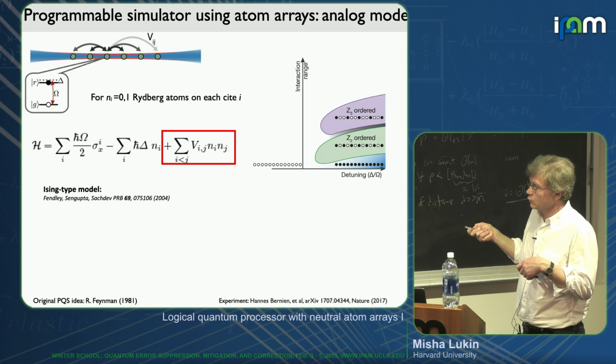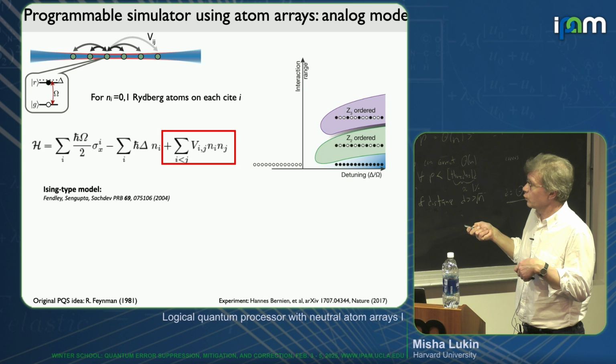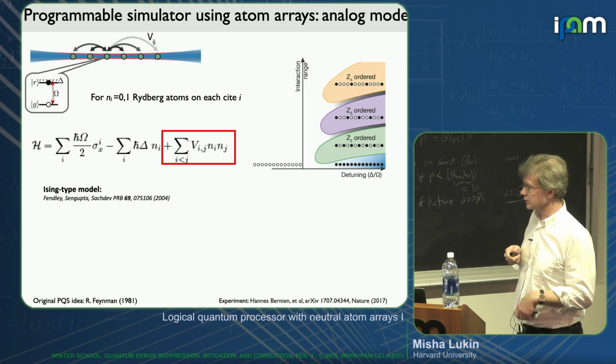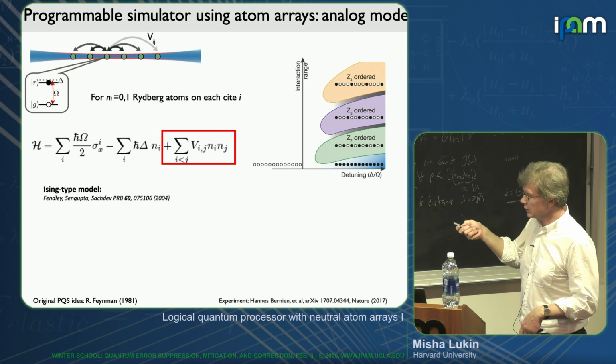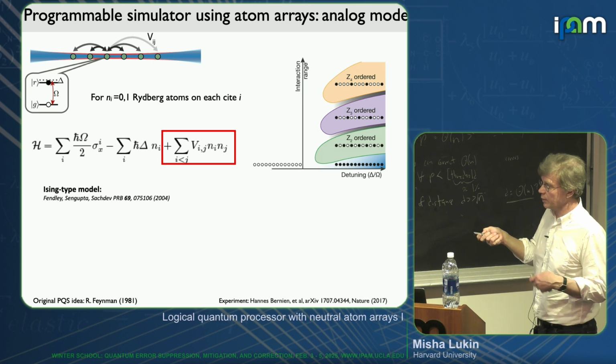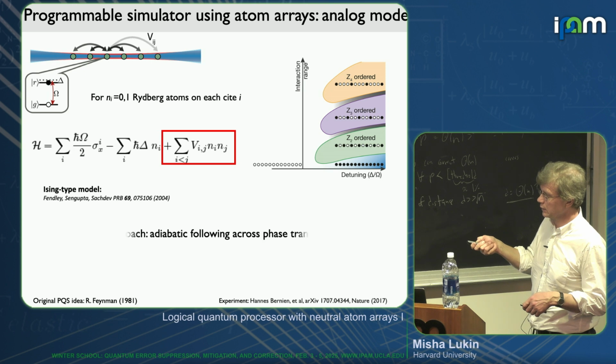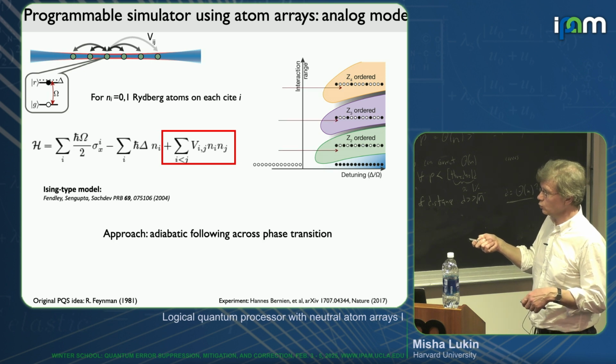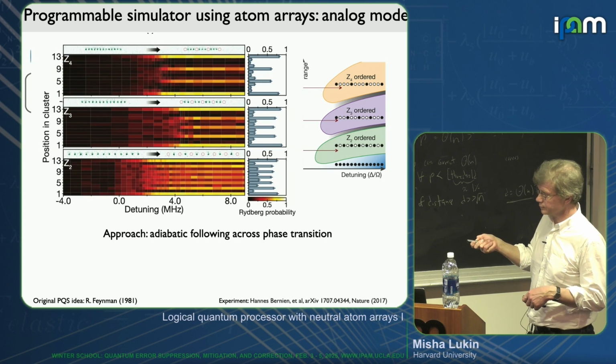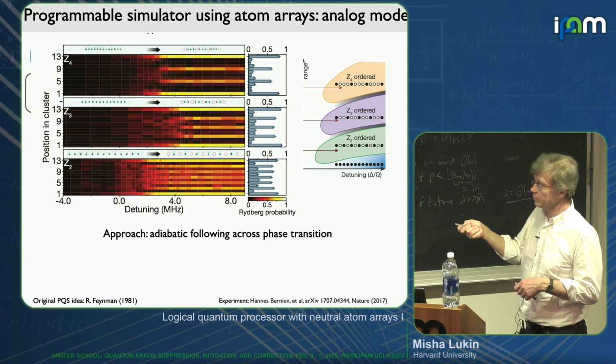If you extend the size of blockade, you can only excite every third atom, et cetera, et cetera. And so you can easily explore this phase diagram by preparing all atoms in the ground state and sweeping the detuning from left to right. And if you do it, you can immediately see, for example, how this order builds up.